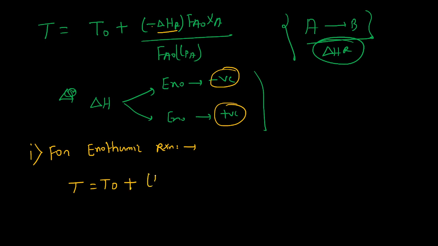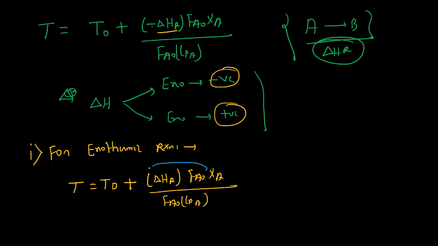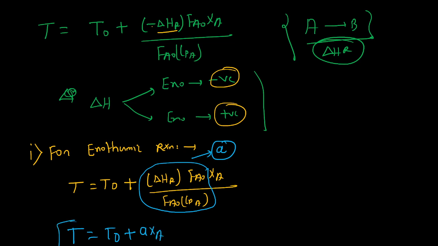So plus delta H of R Fa naught XA upon Fa naught Cp of A. If I am assuming this whole thing is sometimes a constant A, so can I write T is equal to T naught plus A XA? T is equal to T naught plus A XA.